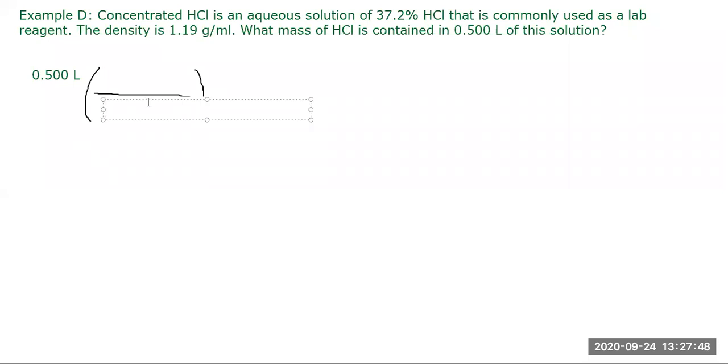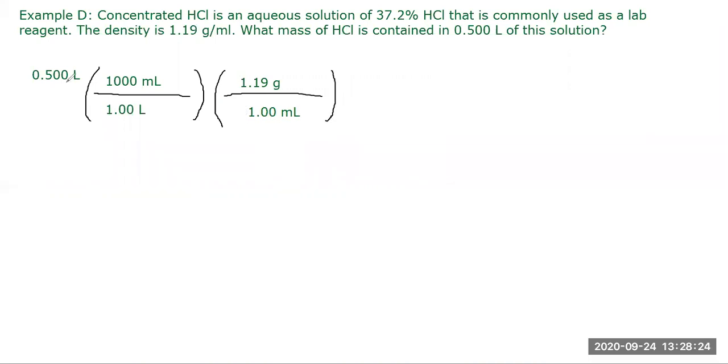So I will quickly convert, something you've already done, that half a liter to milliliters. Okay. And I could stop there and it would tell me I have 500 milliliters, or I can take that directly into grams. Okay. And I'm using this density information from the problem, which tells me the density is 1.19 grams for every 1 milliliter.